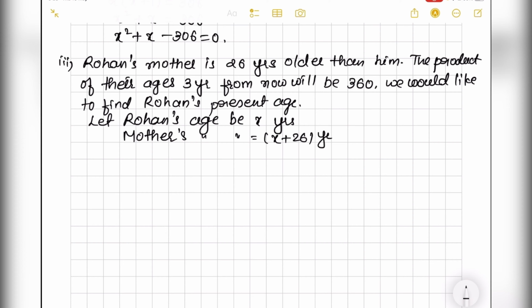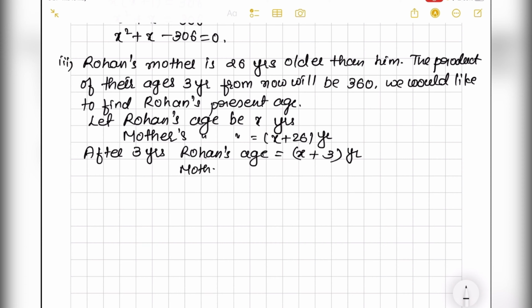Now first I got both the values. Now he is saying in the second line the product of their ages after 3 years. So after 3 years, Rohan's age will be whatever today's age, that is present age is x, so plus 3 years. And mother's age will be the same, I have to add 3, so x plus 26 plus 3, because whatever present age, in that I am adding 3, so x plus 29 years.